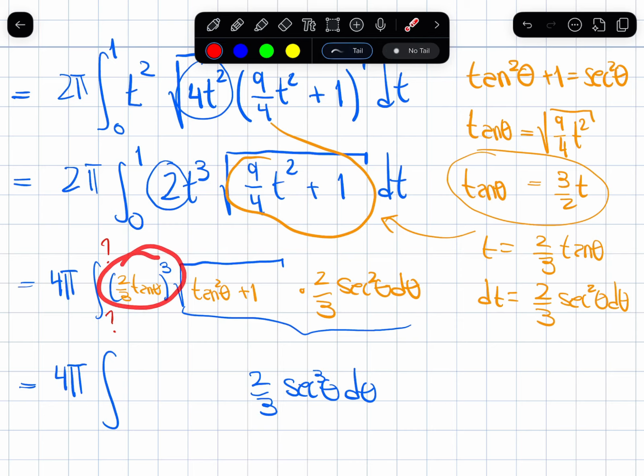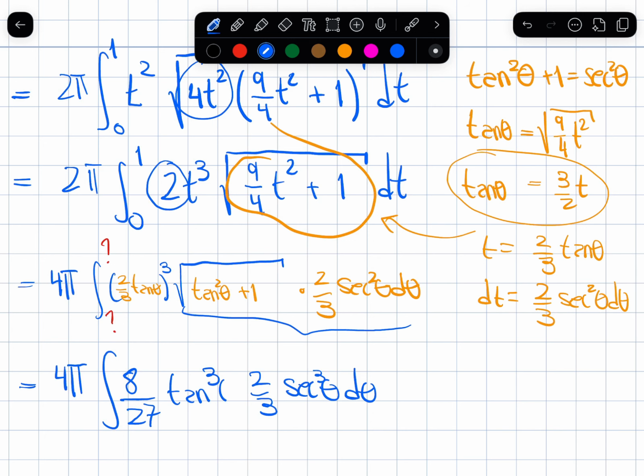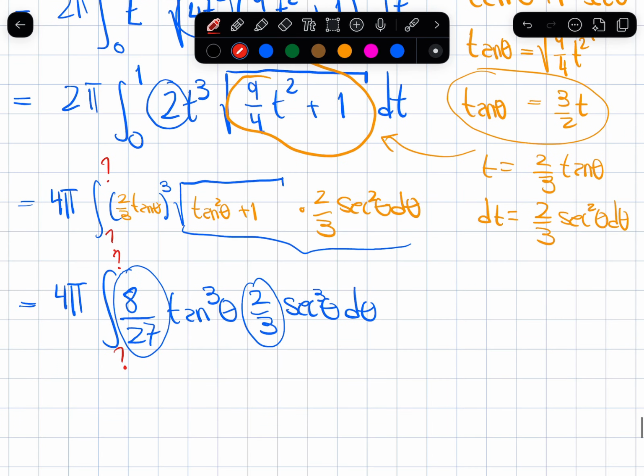Now this right here, I'm going to cube the 2, that's 8, cube the 3, 27, and then tangent cubed of theta. All of those numbers, I don't quite care about them. It's not that I don't care about them, it's that I get to bring them all out of the integral.